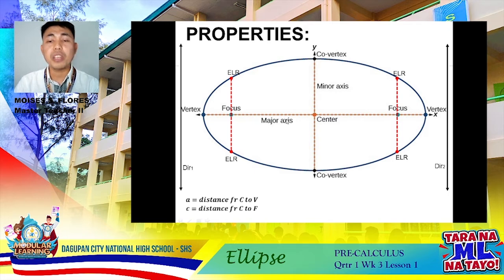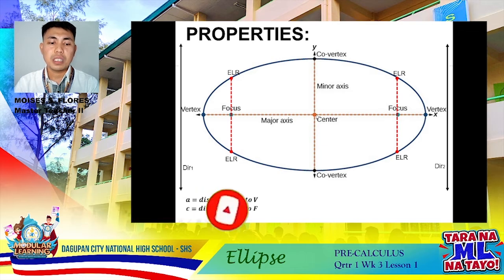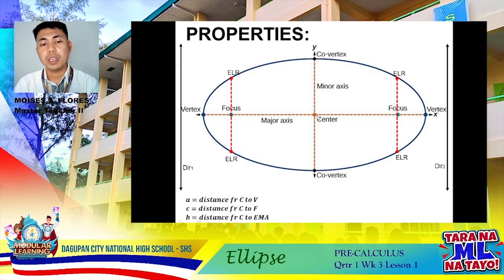The midpoint of the major axis is called the center of the ellipse, denoted by capital C. On the other hand, the minor axis is denoted by 2b. This b stands for the distance from the center to the co-vertex, or in some textbooks, the ends of the minor axis, or EMA.